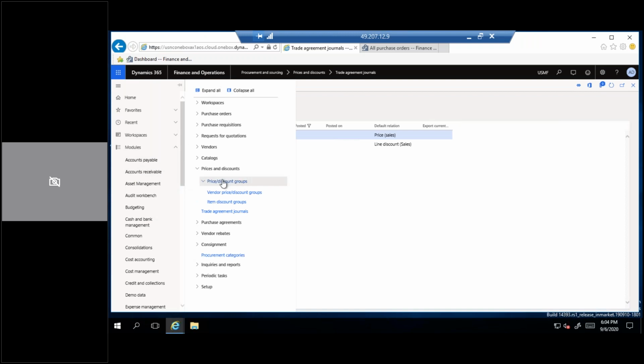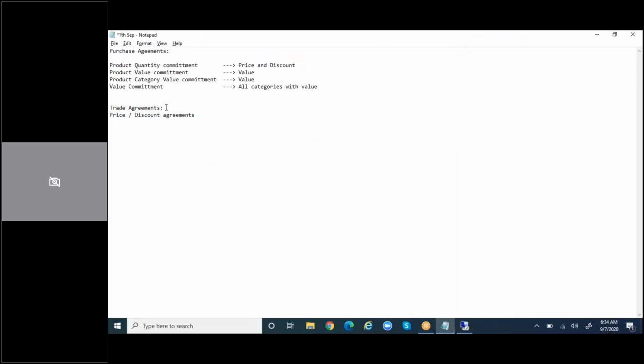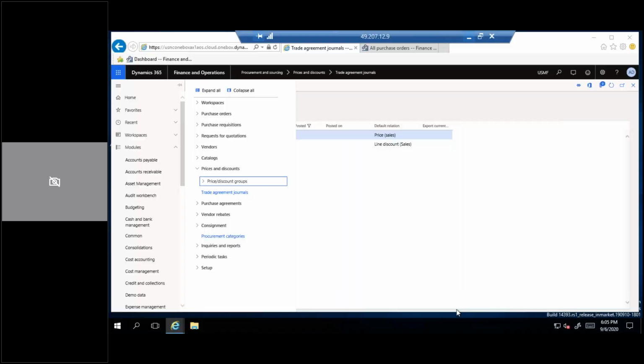Under price and discounts there is trade agreement journals. The naming convention, in some places it will be trade agreements, in some places price and discount agreements. The original name in AX 2009 is trade agreements; later in 2012 it was changed to price and discount agreements. They are changing the naming convention. As I told you earlier, it is also a cosmetic bug, because in price and discounts there is trade agreement journals.